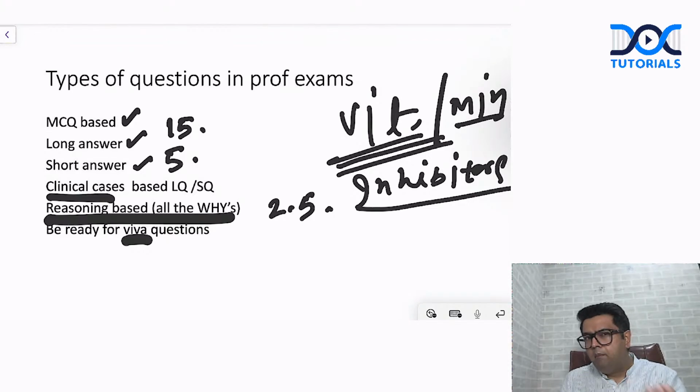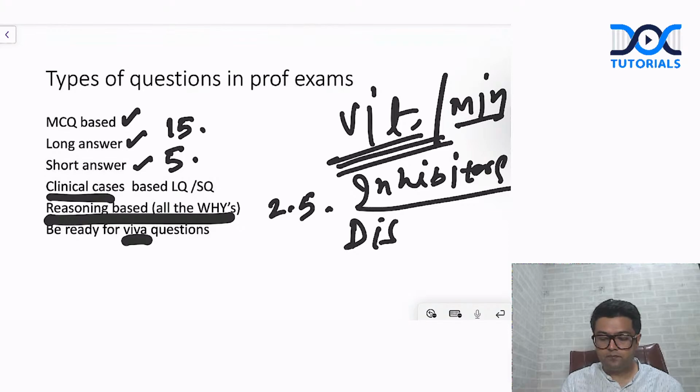Some basic drugs, if they are given in your basic books, you should also know. I'm not saying much, but like statins inhibit HMG CoA reductase. That can be part of your Viva, but not much will be asked on the drugs. But inhibitors, vitamins, okay, and diseases, right? Diseases should be by heart.